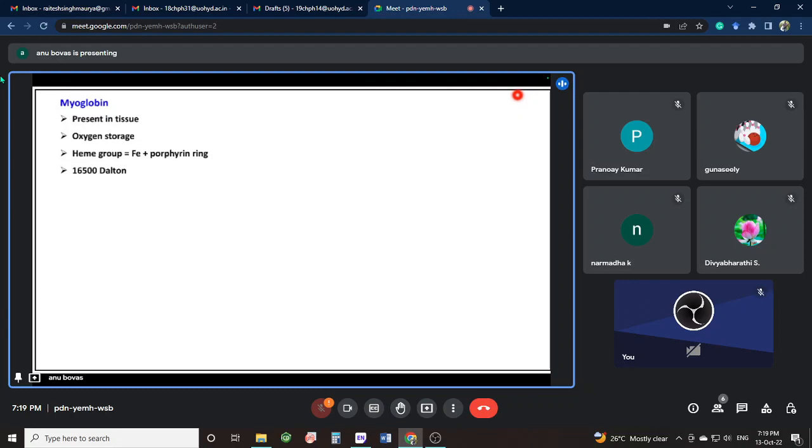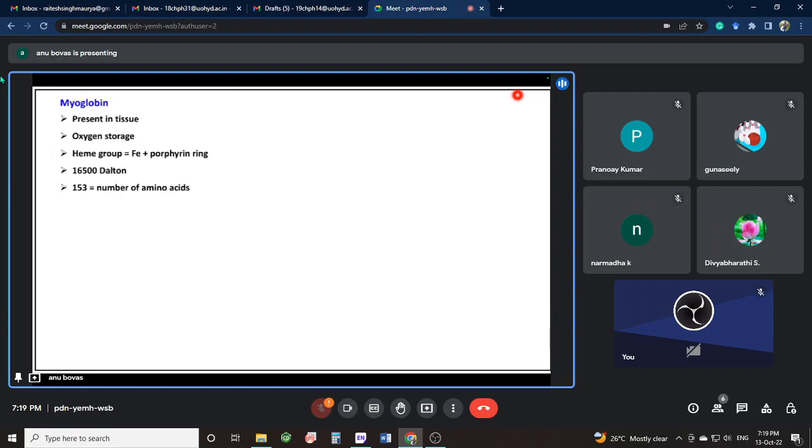So now, present in tissue, oxygen storage, heme group is present. The molecular weight is 16,500, and it has 153 amino acids in its chain. Okay, and in some organisms, a high concentration of this protein helps them hold their breath for a longer period of time.